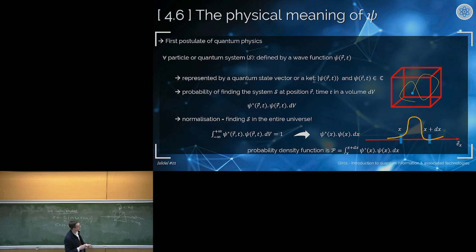In fact, in quantum physics, if you take a quantum physics book, you will have the 5 postulates of quantum mechanics. And the first one tells you that whatever quantum system, S, or whatever particle, you can always define it by what we call a wave function.